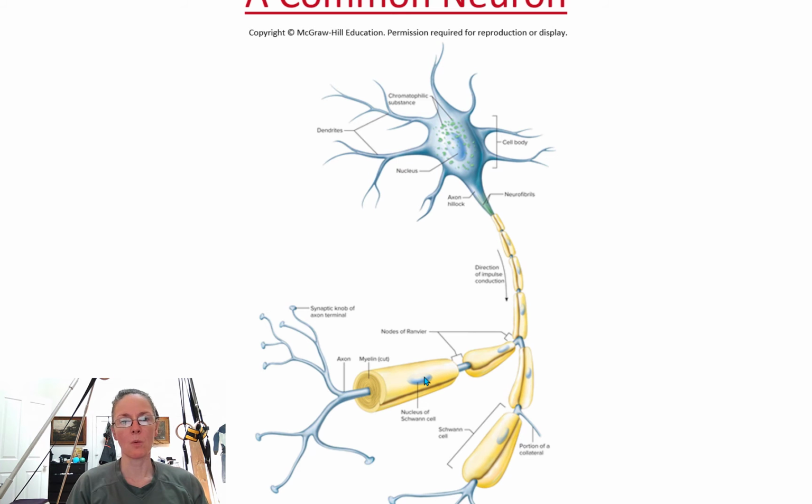Now, one of the things we will note about the neuron is the integrating part of the neuron is the cell body. The dendrites, again, are the receiving end of the neuron. They are going to receive signals from other neurons or from sensory receptors. And then that information that is conveyed via the dendrites will be integrated by the cell body.